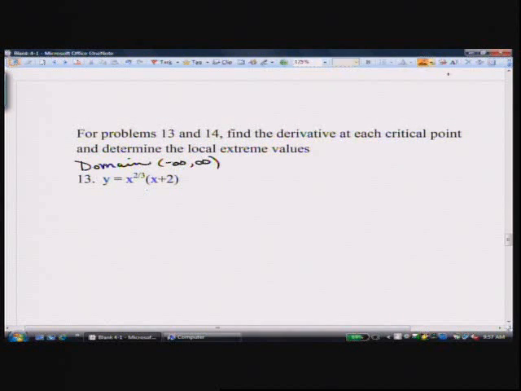So we will use the product rule. This will be my u and this will be my v. U is equal to x to the 2/3, so u prime is equal to 2/3 x to the 2/3 minus 1, which is -1/3. V is equal to x plus 2, so v prime is equal to just 1.